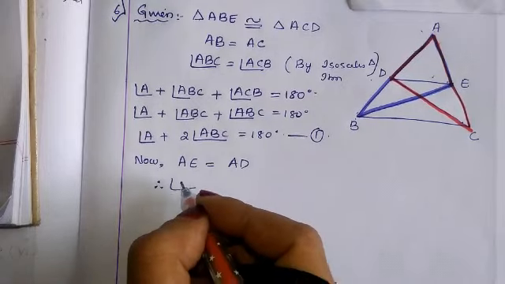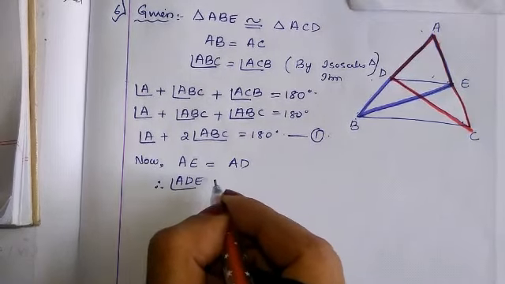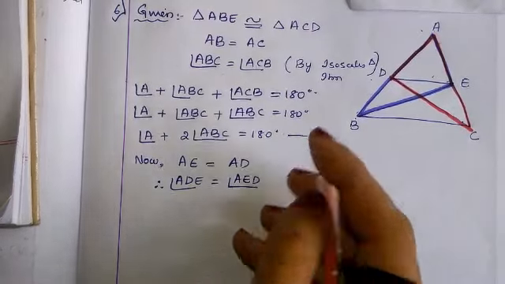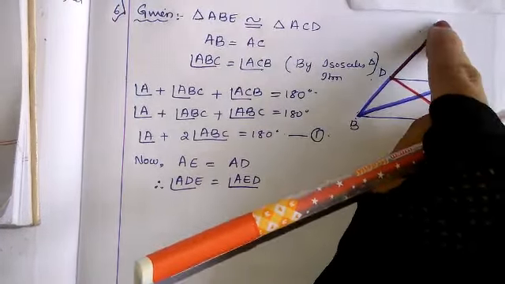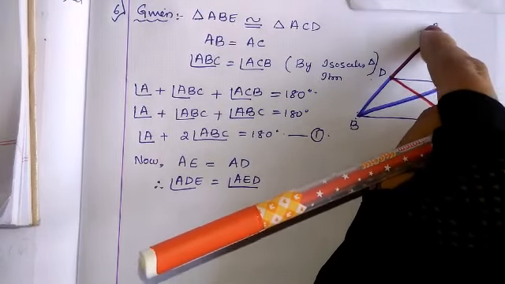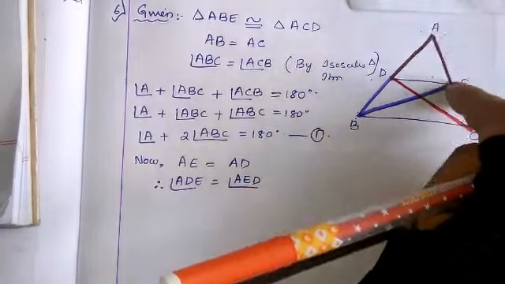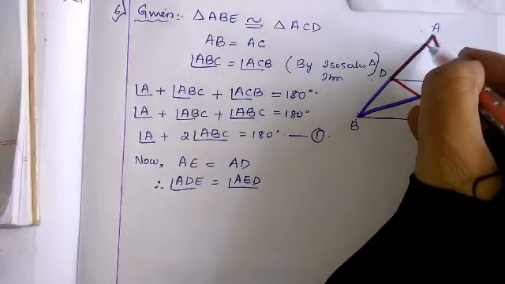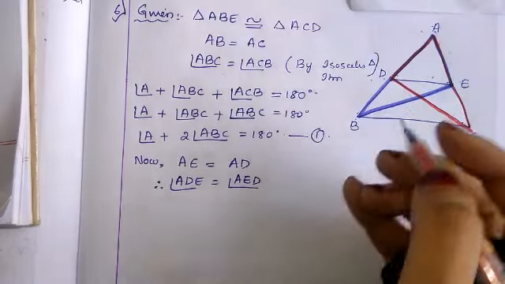Okay. AE's opposite angle is ADE and AD's opposite angle is AED. Let me show you. AE opposite angle ADE, AD opposite angle AED. Okay.